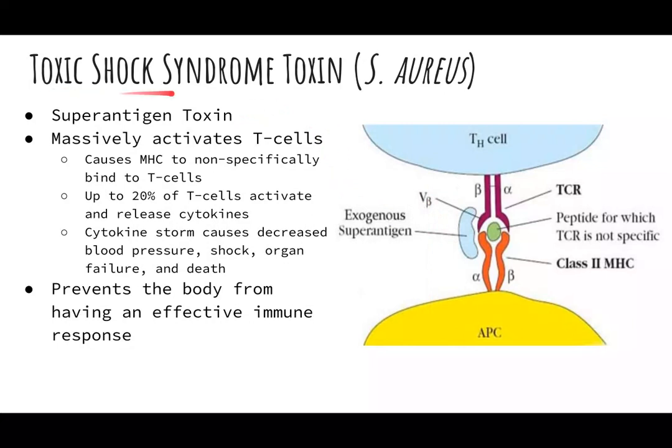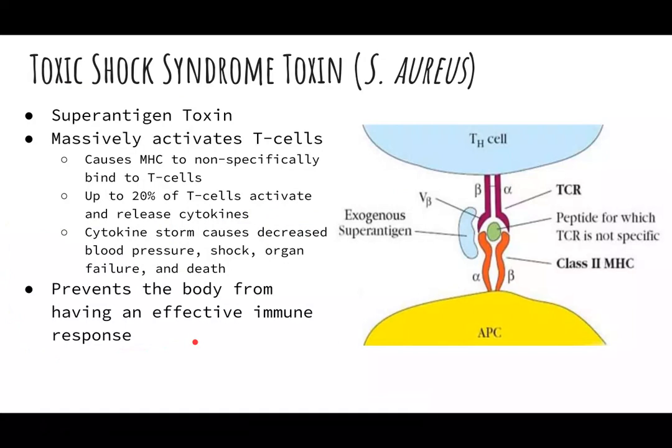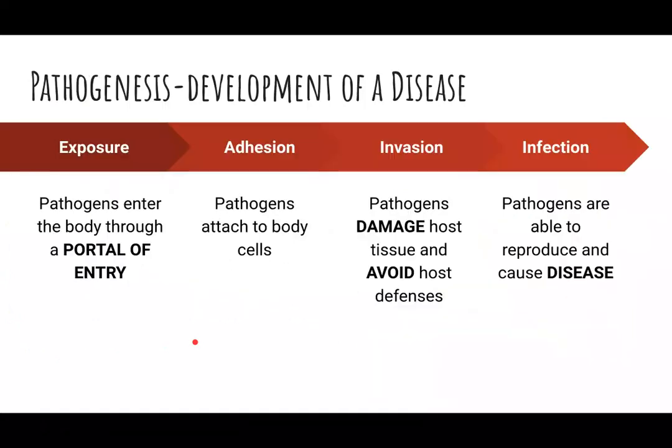With the presence of toxic shock syndrome toxin, up to 20% of T cells can become active and cause the release of large amounts of cytokines, leading to what's called a cytokine storm. And this cytokine storm can cause decreased blood pressure, shock, organ failure, and death, aka toxic shock syndrome. And this is going to prevent the body from having an effective, specific immune response.